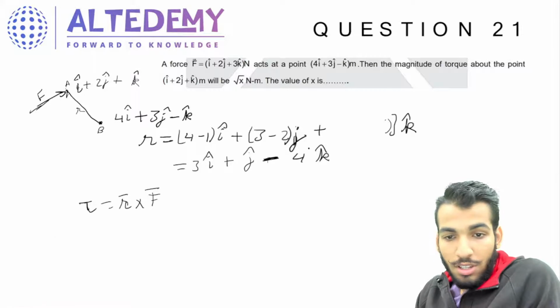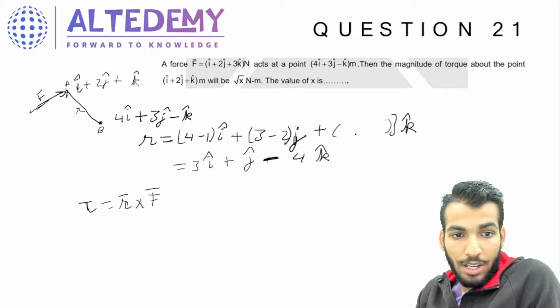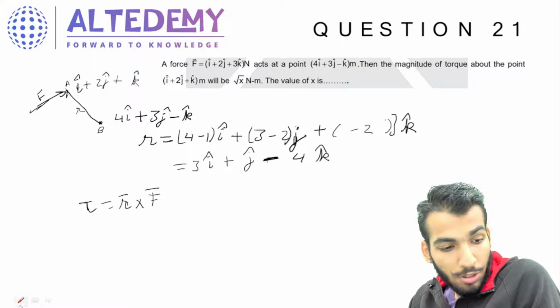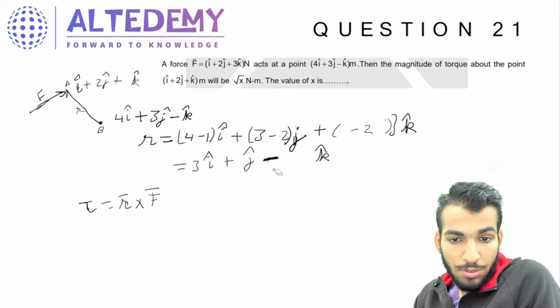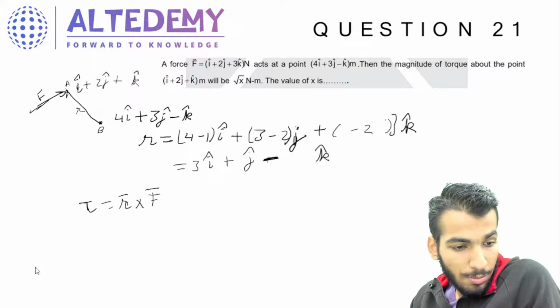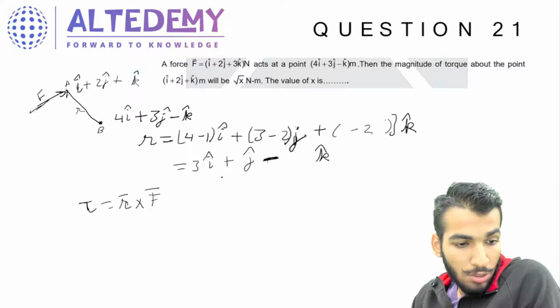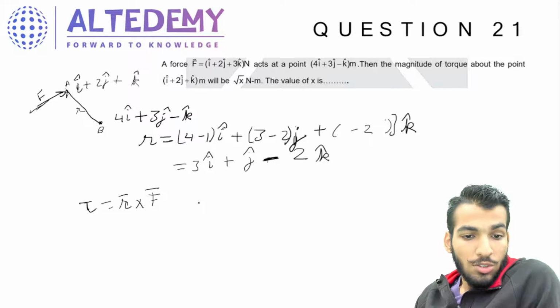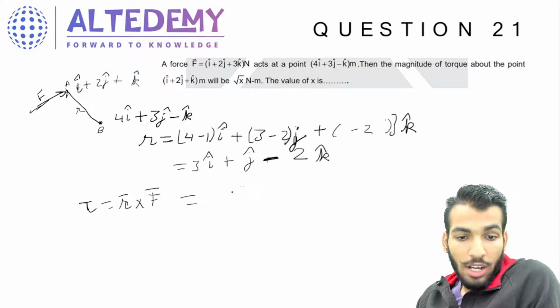So we'll just move on further, and let's see what it will render. It will render -2k. This will be, of course, -2 i plus j minus 2k. So R cross F is equal to, let's write what it will render: i cap, j cap, and k cap.